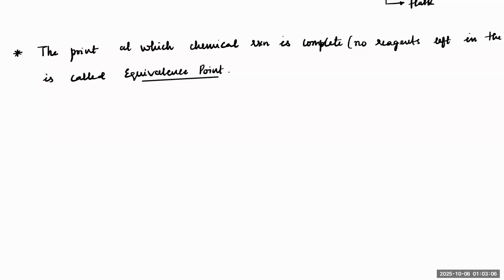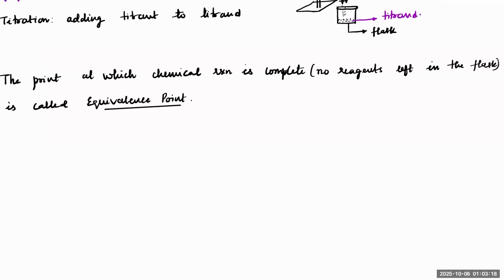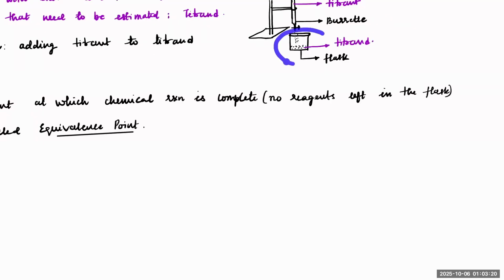So what we do, we add a small chemical called indicator in the flask, in the titrand here. And indicators are such kind of chemicals which will change the color exactly at equivalence point.